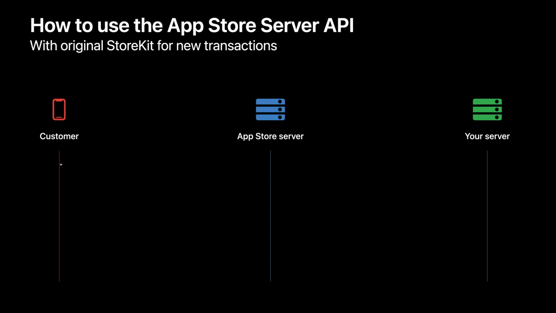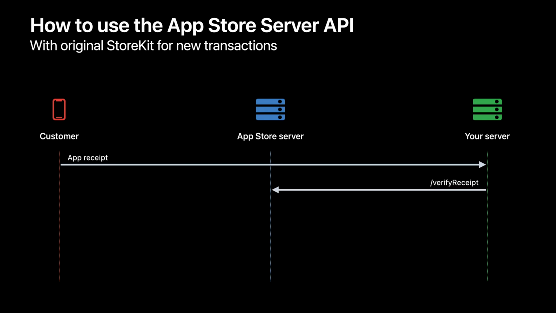Next, let's discuss how you can process new purchases after you completed the migration steps I previously walked through. To support new purchases on devices using original StoreKit, you can take new receipts as they come, sending them to your server, and do precisely the same steps as I previously showed, while collecting new data along the way. Call verify receipt with a new receipt, and get the decoded receipt with the new original transaction ID and latest receipt.